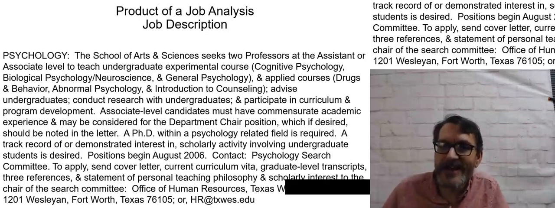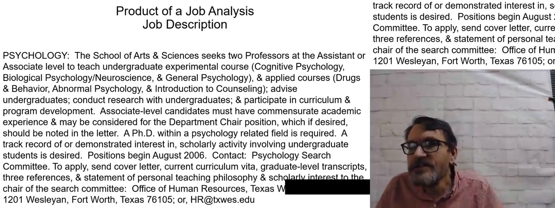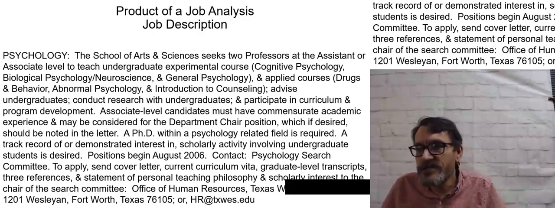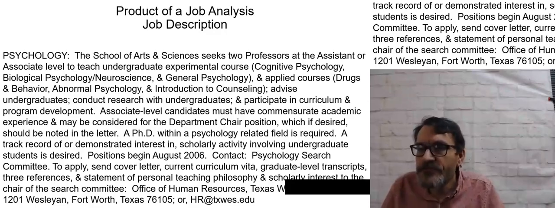Clearly I did not get the applied courses one. I got the first one. So advise undergraduates, conduct research with undergraduates. You see all of the different task elements in there, participates in curriculum and program development, and so on.